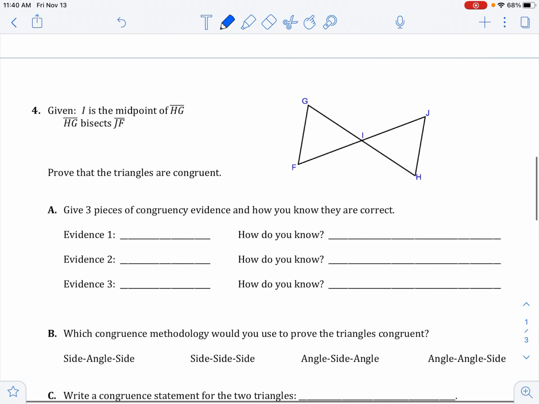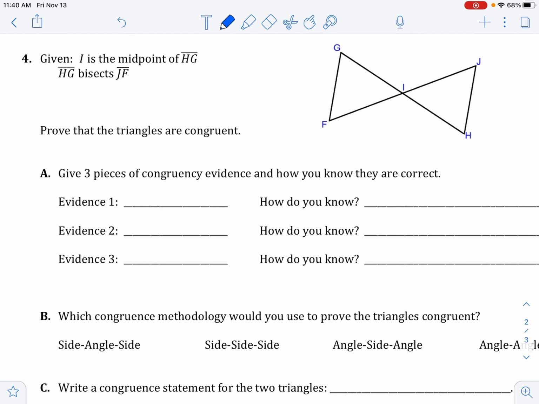Okay, last but not least, we have 2 proofs here. So I notice I fixed them so that they are in the order that I said they would be in. Okay, so the first part, remember, I'm looking for congruency statements. So when you're first starting off on these, I would just start by putting congruent, congruent, congruent. So now I'm going to look at the first given. Is this a congruency statement? No. But that means I have to get something congruent from it. I have I is the midpoint of HG.